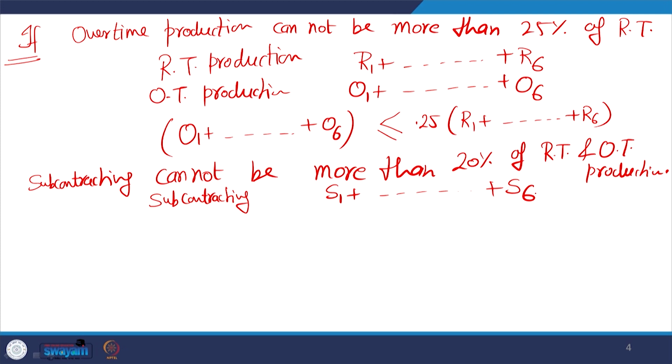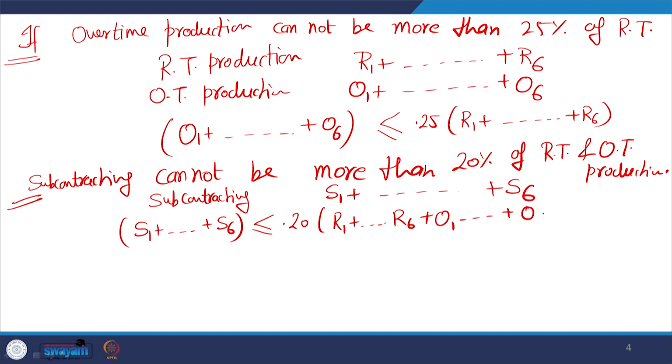And with this condition, our equation will be that S1 to S6 should be less than or equal to 0.20 of R1 to R6 plus O1 to O6. So, this becomes another constraint for this situation.